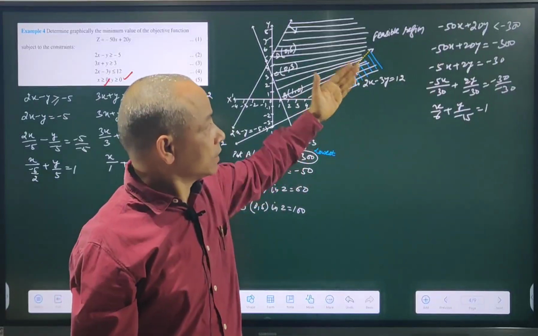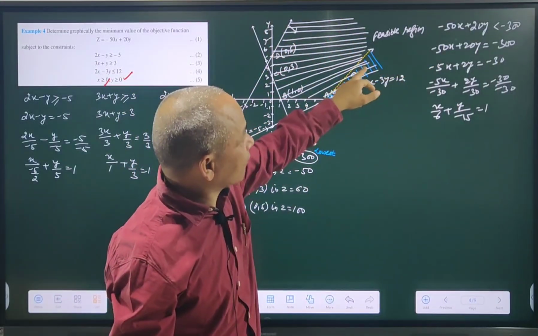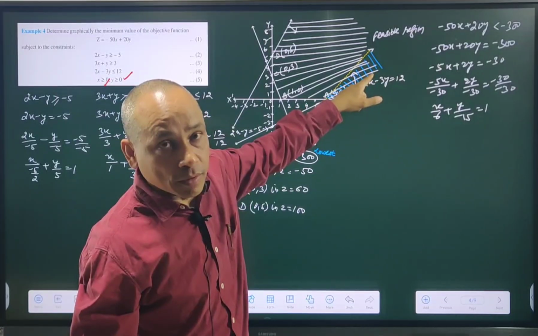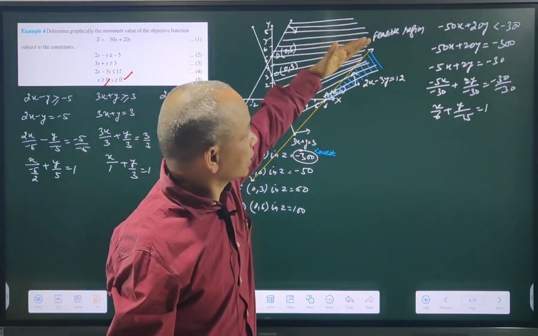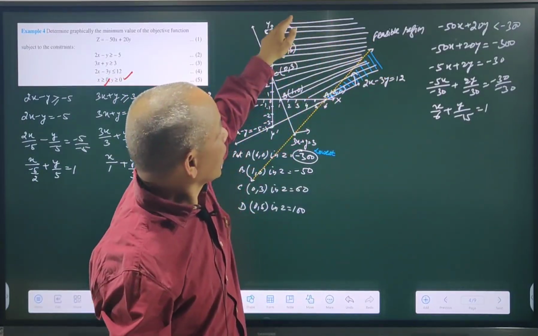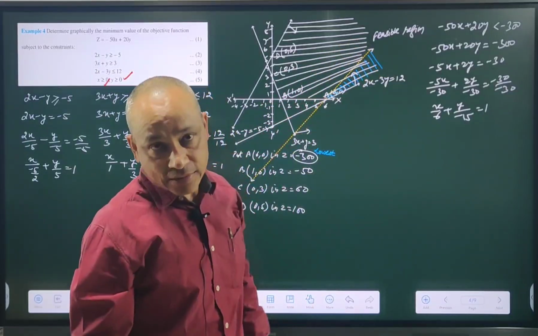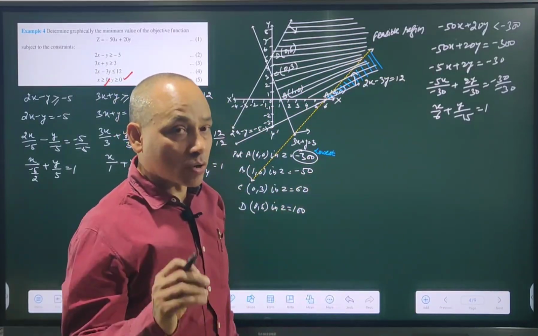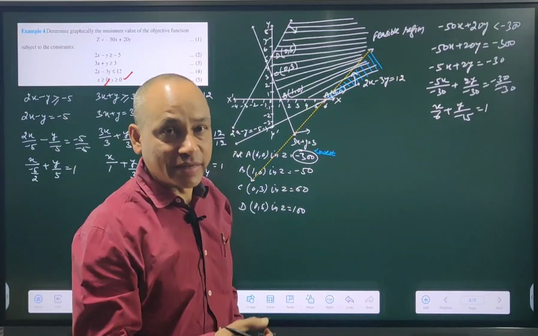If the solution of this inequality and the feasible region have some common points, which is there in common in this question, then this minus 300, the lowest value of Z, is not the minimum value of Z. And we will discuss why I said this.